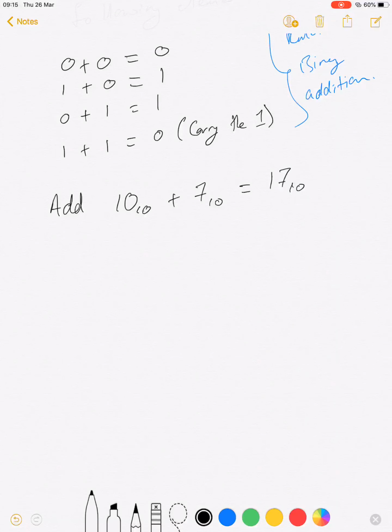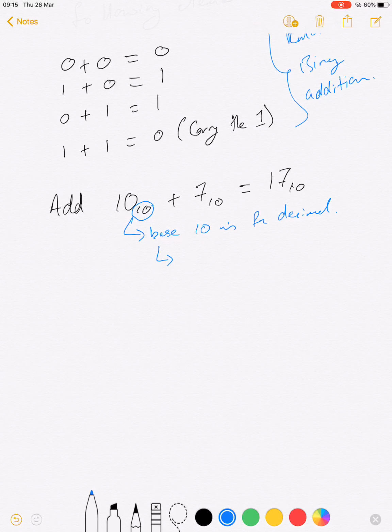Now, just in case you're wondering what I'm talking about by the base, the base indicates the number system. Base 10 is for decimal. Essentially, we say it's base 10 because we have 10 numbers.